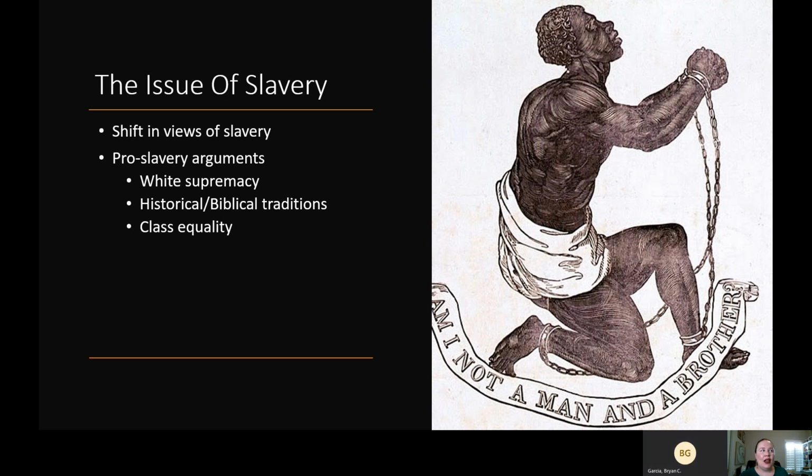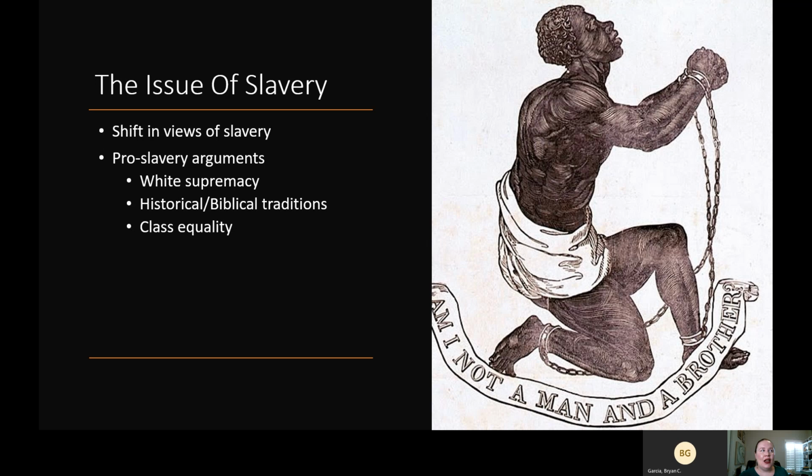So the idea is that Africans could be enslaved or should be enslaved because they were uncivilized, that white people were more evolved, and that slavery was actually for the benefit of Africans because it allowed white people to tame them and to civilize them. Okay, so that's one argument, right? That white people are better.